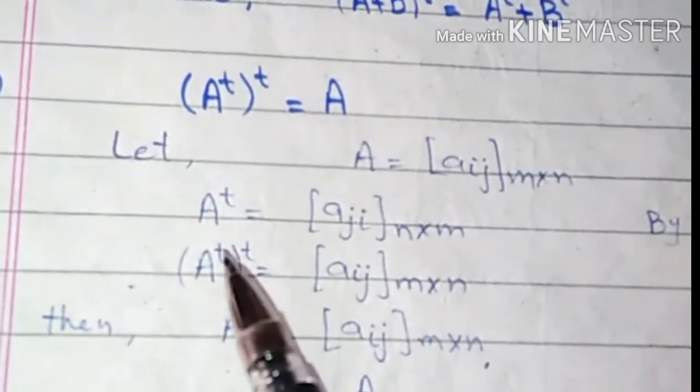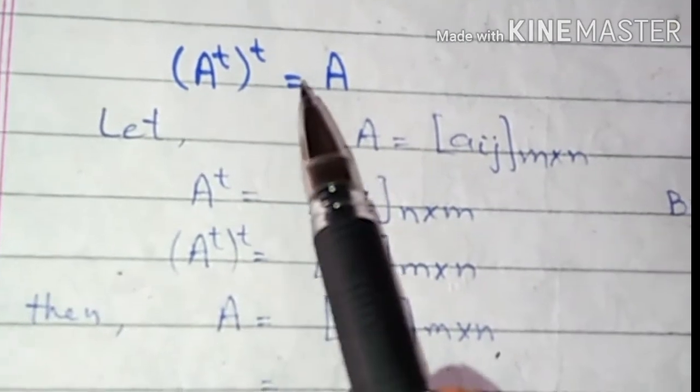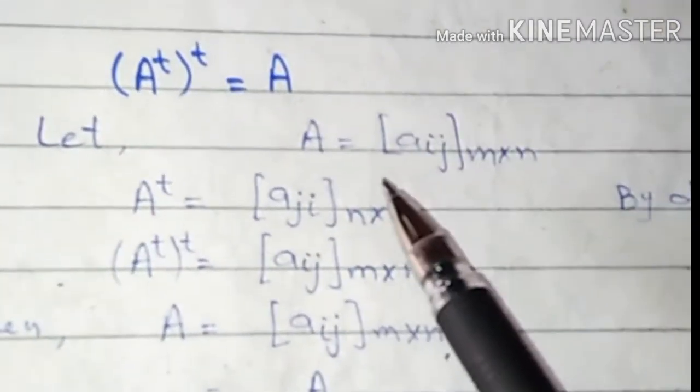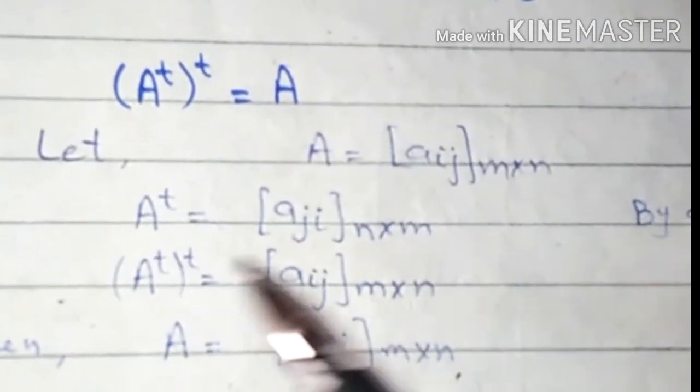The second theorem is simple: (A transpose) whole transpose is equal to A. Let A be a matrix of elements a_ij, m cross n.